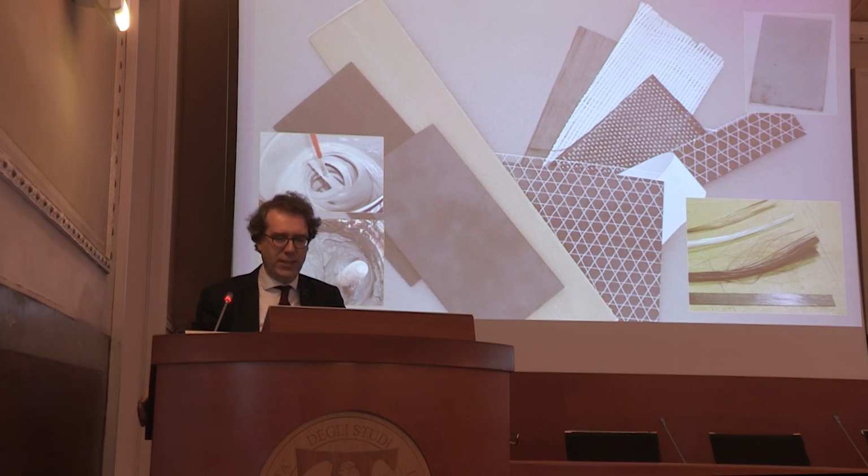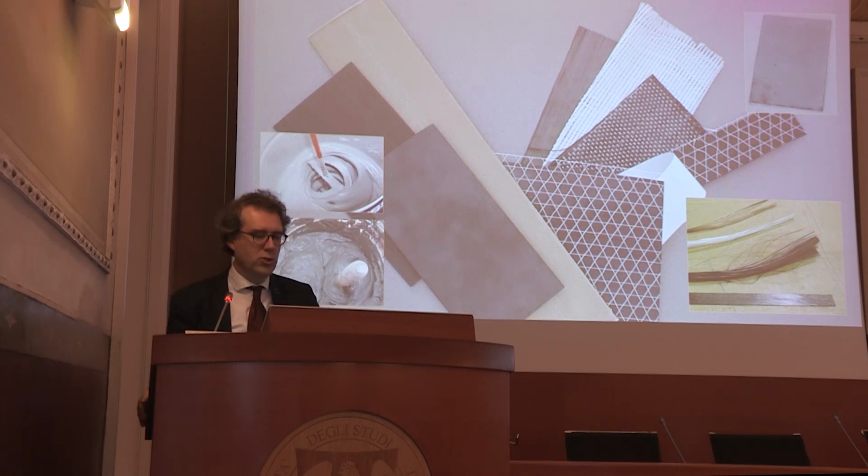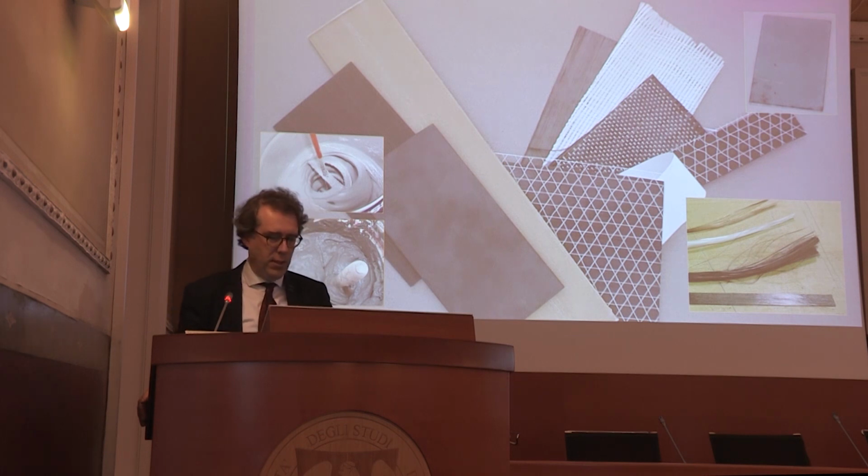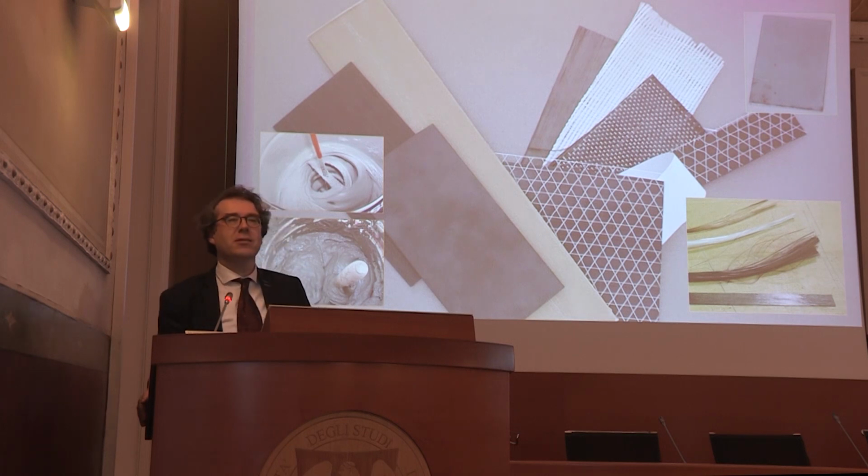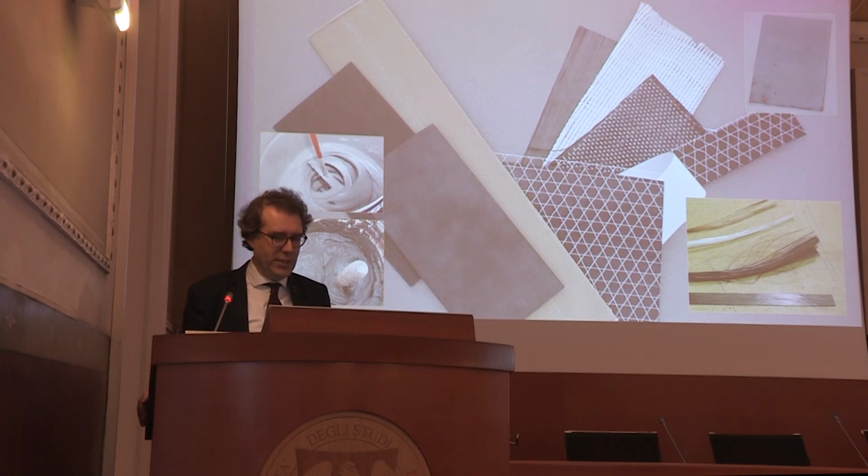So for more complex cross sections you want to strengthen, you can use these sheets and fabrics together with a more fluid epoxy. Of course, we are not against steel plates. Whatever the engineer decides is the best solution. Of course, we feel that there is a lot of reason to go for these FRP products.